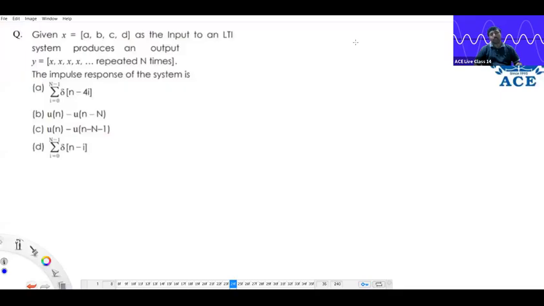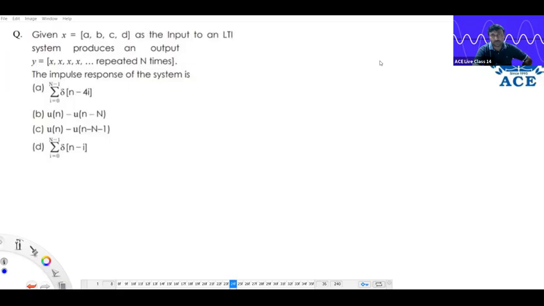Then that fellow wants the impulse response. Just now we solved that model. As output is periodic repetition of input, the system is a periodic impulse train.